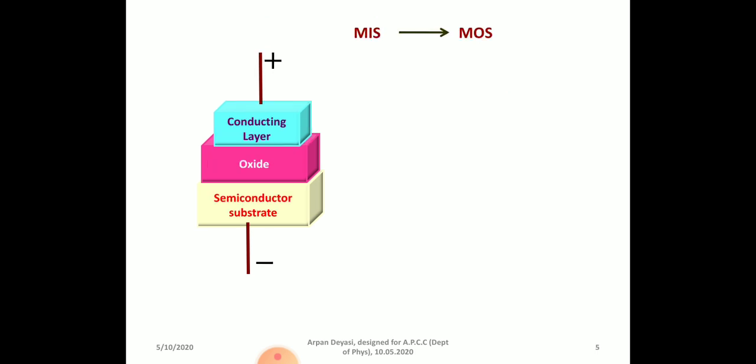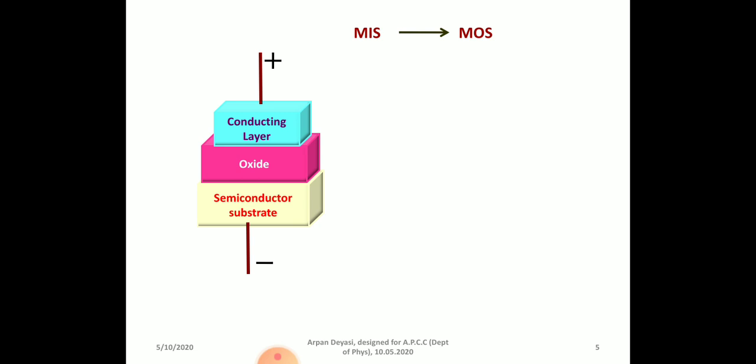Now please try to make it a special type of insulator, say oxide. If you make a specific nomenclature of this insulator as the oxide insulator, then the term I will be replaced by O. And if I is replaced by O, then it will be called MOS.